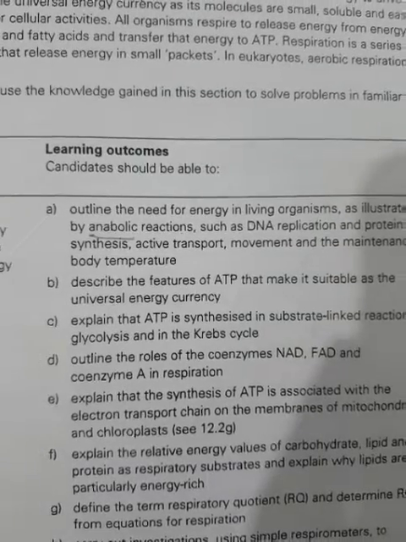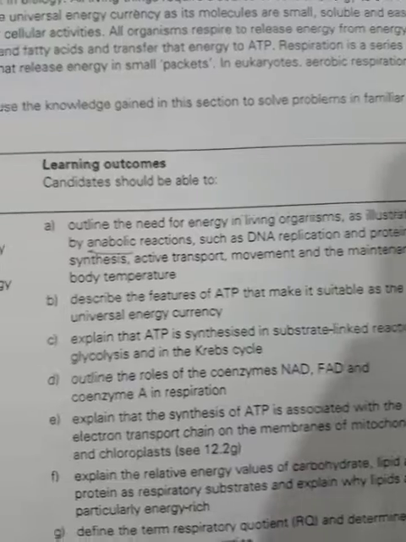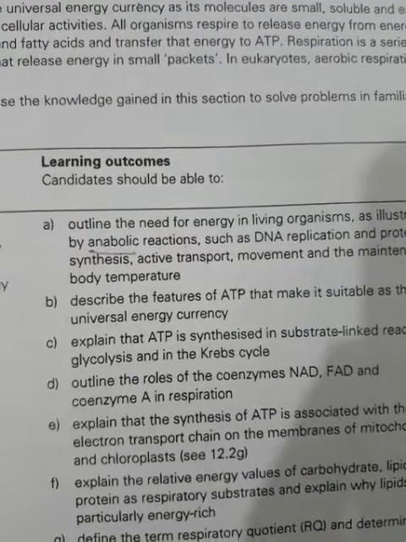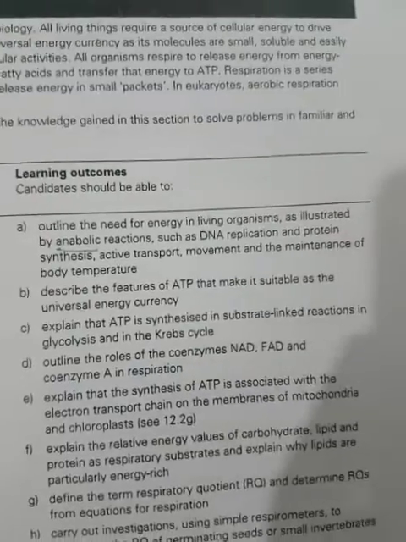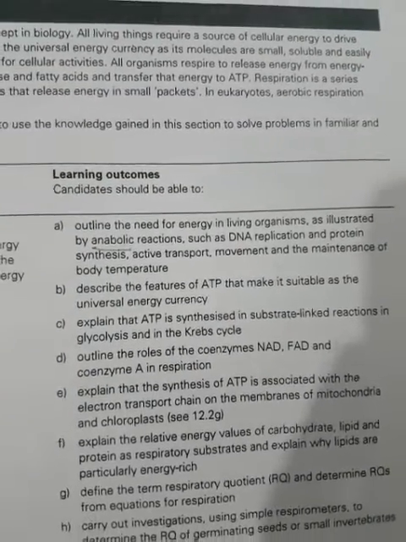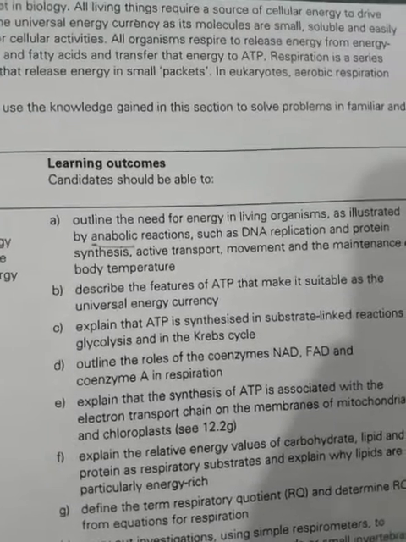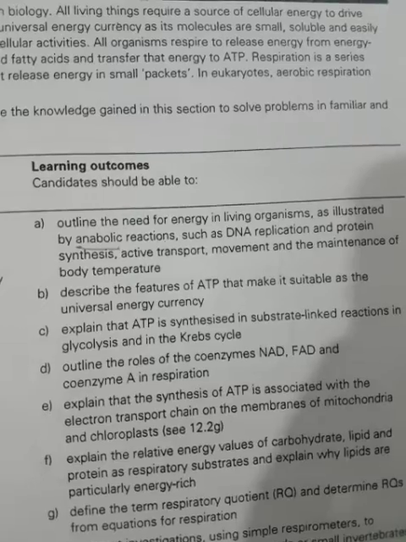It says, outline the need for the energy in living organism as illustrated by anabolic reactions such as DNA replication, protein synthesis, active transport, movement and maintenance of body temperature. And then we will learn about the features of ATP that makes it suitable as the universal energy currency.